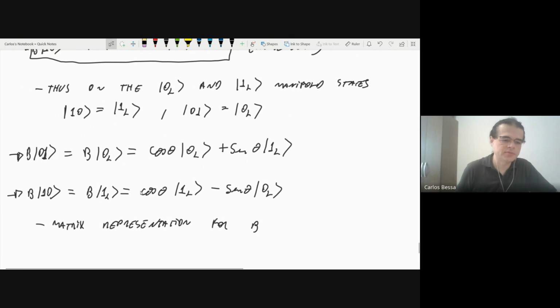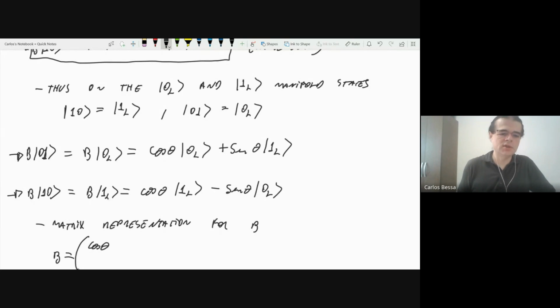If you apply the bra 0 on the left, in this first term, this will be the 0, 0 term in the matrix, and this will be cosine of theta plus 0, because the 0, 1 is 0.